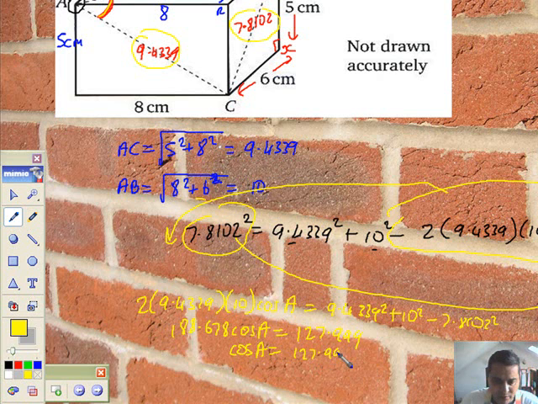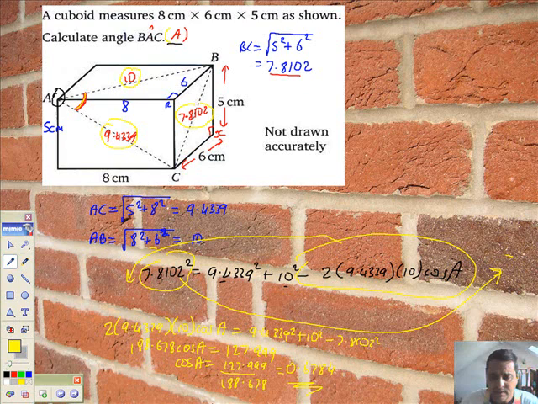Okay, so the cosine of the angle that we're after, remember the angle is BAC as shown, is going to be 127.999 all over 188.678, and let's just do that. That gives me 0.6784. That's good enough. And I've got to work up here now, so I've run out of space.